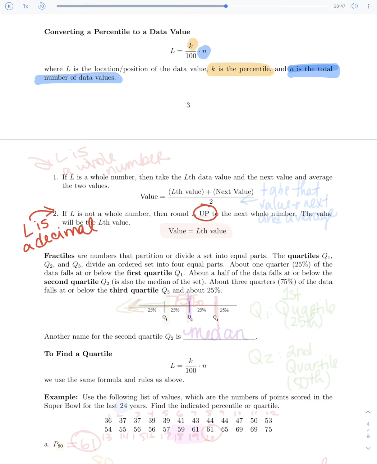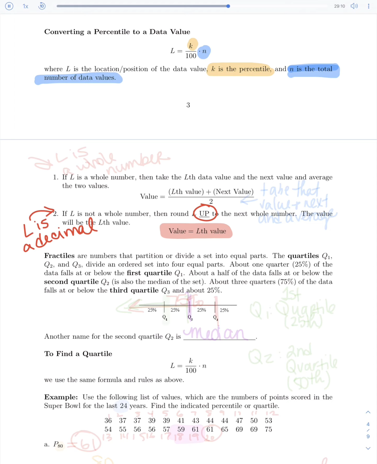That means we'll be looking for the 13th value in the data set. If we had, let's say, 2.5 and that gets rounded up to 3, we'd be looking for the third data value in our list. Which again means be careful, just like before, our data really has to be in order.